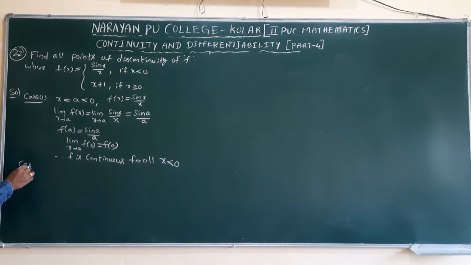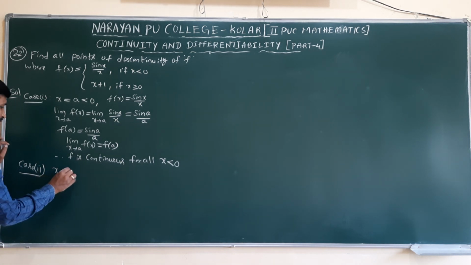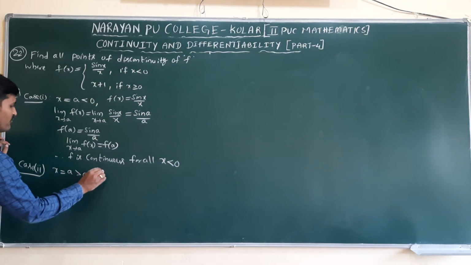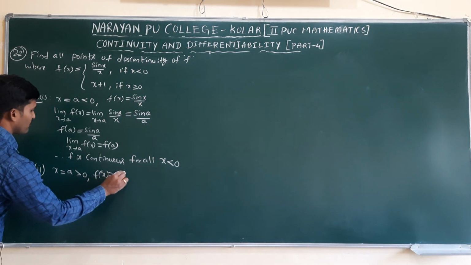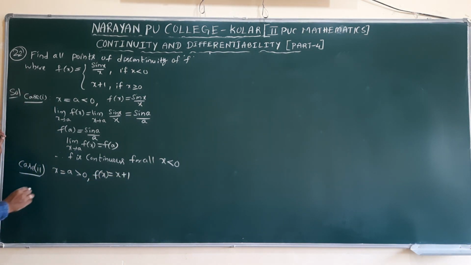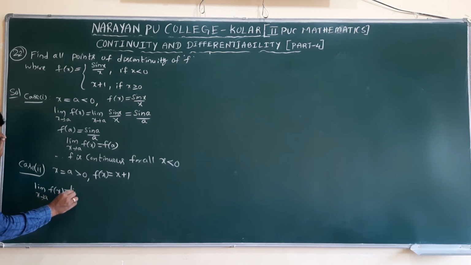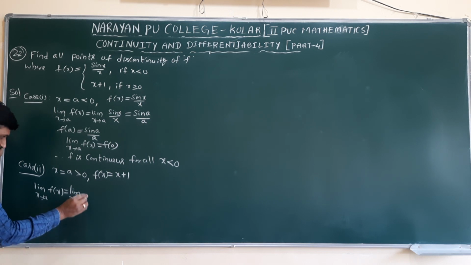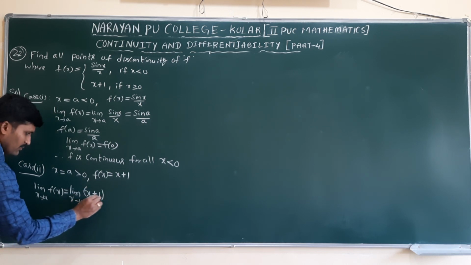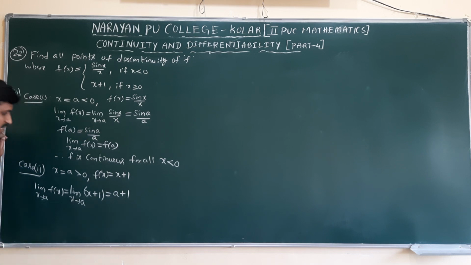Next, case 2. I'll take x greater than 0, that is x is equal to a which is greater than 0. For greater than 0, what is the function defined? x plus 1. Now we are taking a single function again. Limit x tends to a, f of x equal to limit x tends to a of x plus 1. Substitute the x value, that is a plus 1. A can be any value more than 0.